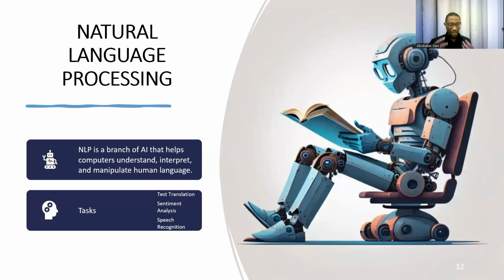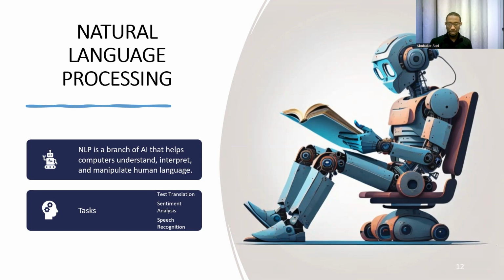So why I took my time to explain that is because that is one of the key takeaways for the session today. The next thing I would like to discuss is natural language processing and what this is all about. When we talk about natural language processing, this is also another subset of AI. We talked about machine learning and we have also natural language processing.